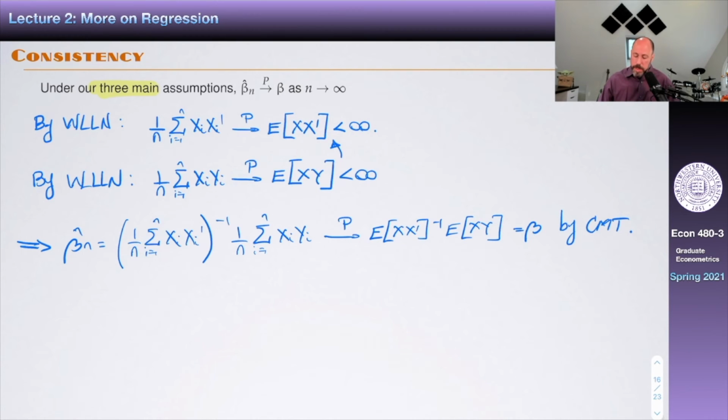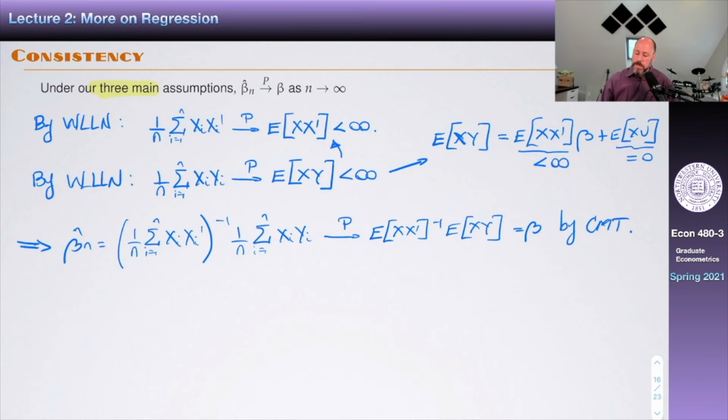Because if you replace y, this is expected value of x x prime beta plus expected value of x u. This is 0, and this is finite.